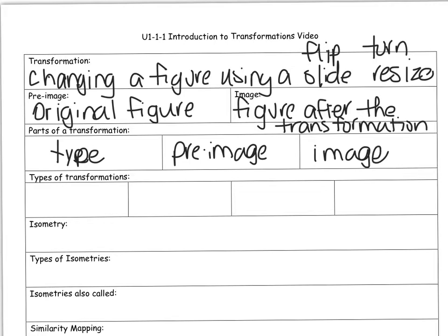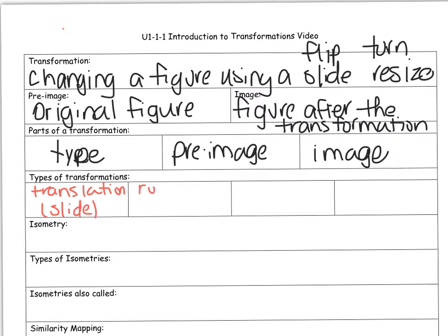There are 4 types of transformations. The first one is a translation. That's what you may have learned to be a slide.